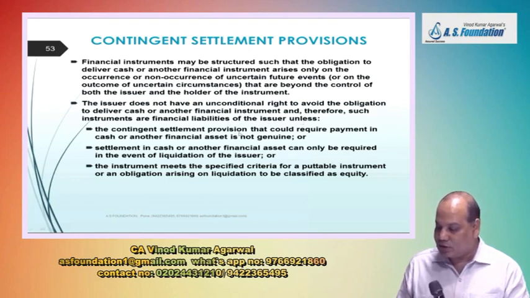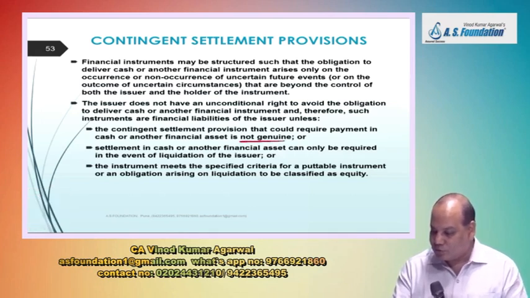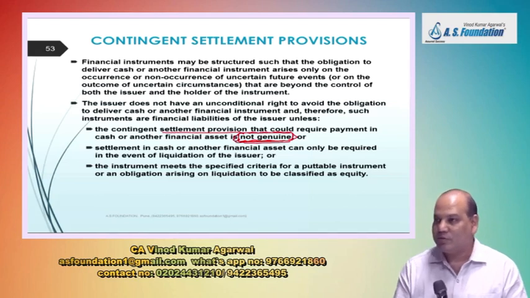Unless the contingent settlement provision that could require payment in cash or another financial asset is not genuine. Subjectivity is getting involved here. That means you have to see whether this settlement provision is genuine or not, that is, whether it seems real and possible or not.